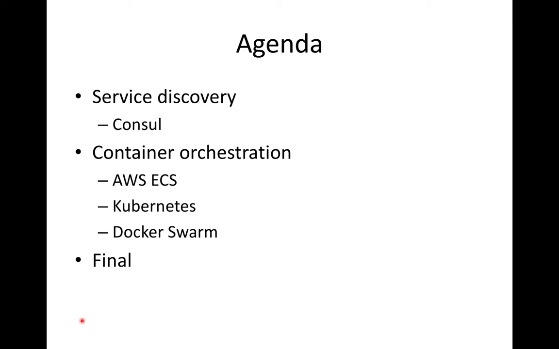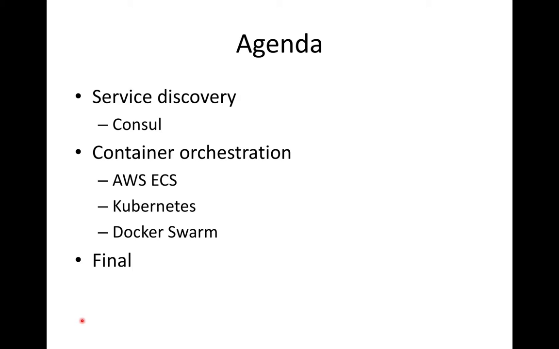In this week's lecture, we'll start by covering service discovery because service discovery is a really important mechanism which enables orchestration. And we'll look at a couple different solutions and one solution in particular, a solution called Consul. And then most of the lecture, I'll focus on container orchestration.